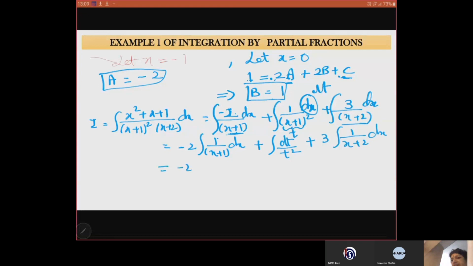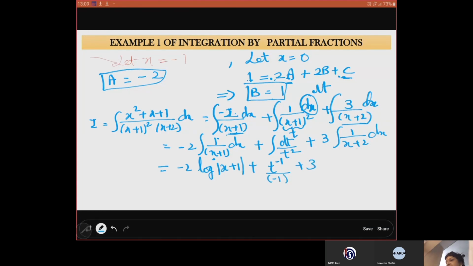The numerator is the derivative of the denominator, so the integral would be log mod x plus 1. Plus this, I can write as t to the power of minus 2 dt, so the integral would be t to the power of minus 2 plus 1 upon minus 2 plus 1. Then the integral of 1 upon x plus 2: the derivative of x plus 2 is 1, which is present in the numerator, so the integral would be log mod x plus 2 plus c.